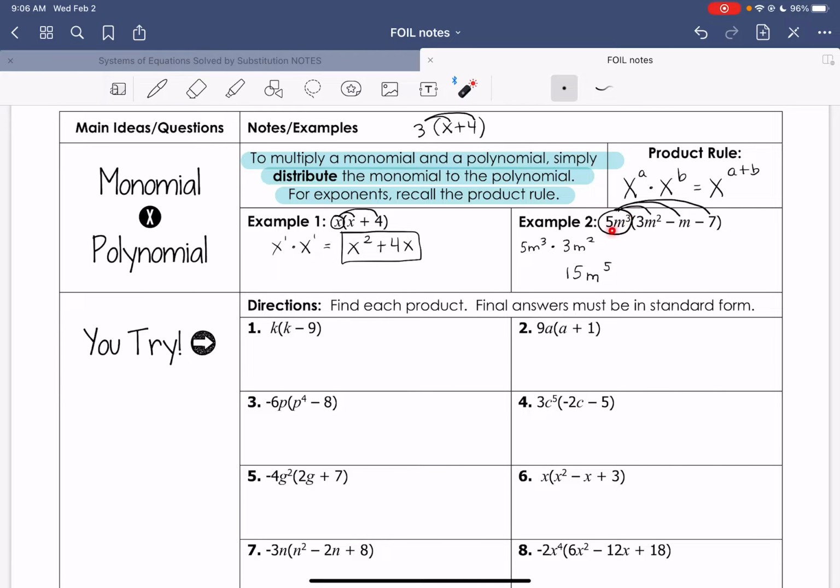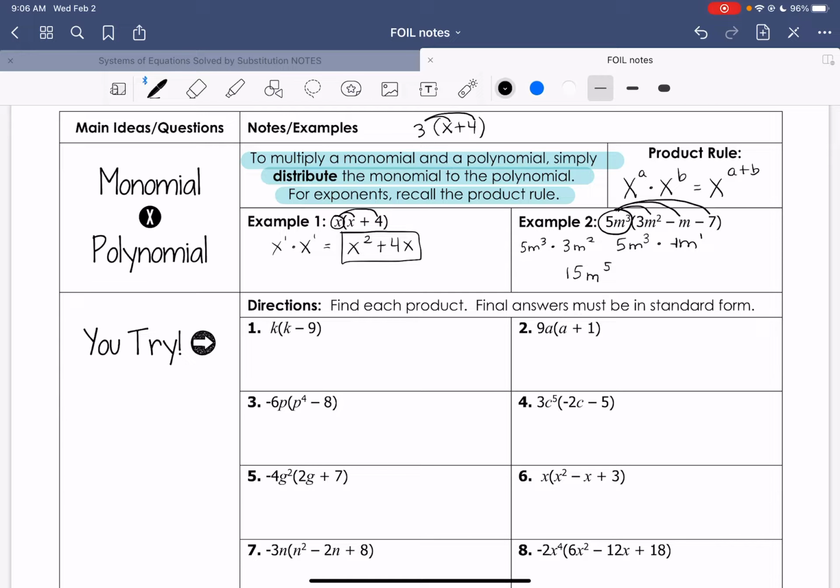Now we're going to take 5m cubed and multiply it times negative m, remembering that m has an exponent of 1. So we could also think of this as being a negative 1m to the first.